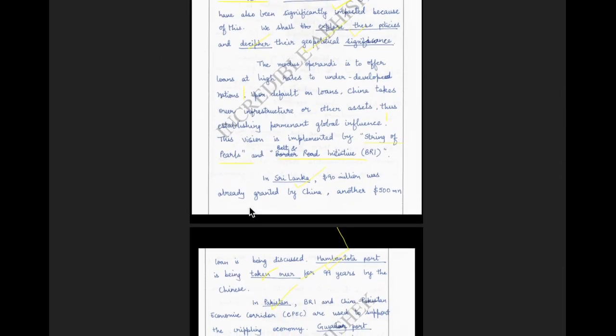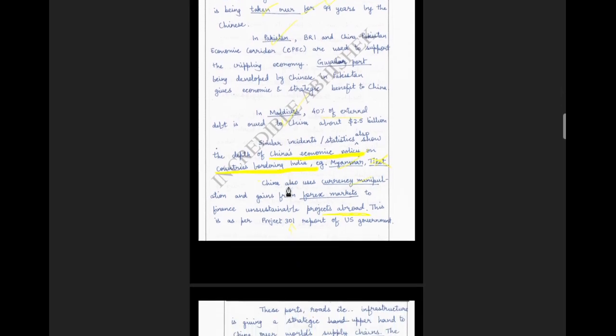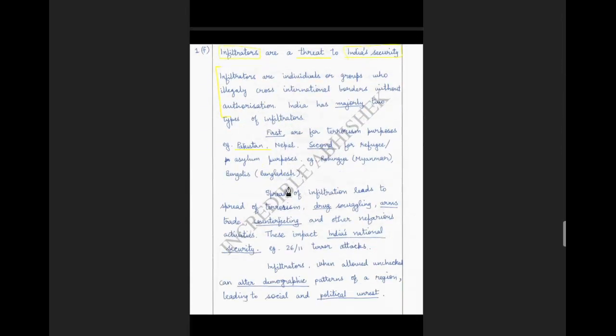Modus operandi, he has clarity of thought in this paragraph, and he has shown flow of thought in this particular page. The way he has written Sri Lanka, Pakistan, Maldives, this is the flow of thought. He has given the proper flow, see how it is coming.